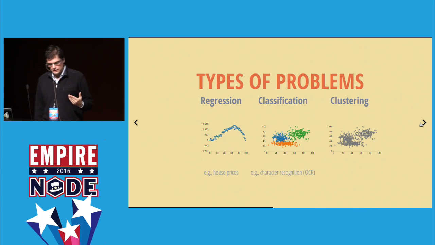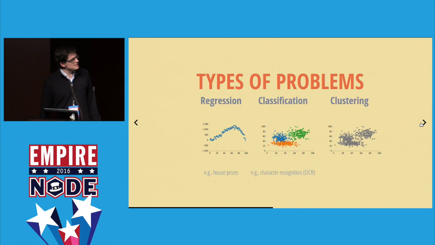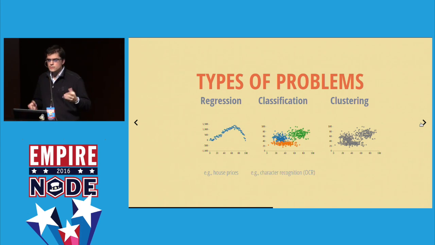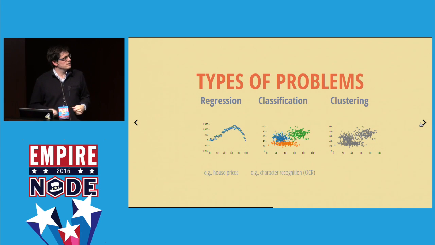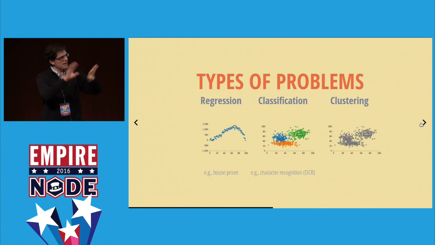And the final type of problem is what's called clustering, right? In a clustering problem, we also want to find groups, but it's actually pretty different from classification, although it sounds similar, because in this case, we don't know what the groups are, okay? So we might just have these gray data points now, and we want to say, can we separate these into meaningful groups? And here, maybe we could detect two groups, right?